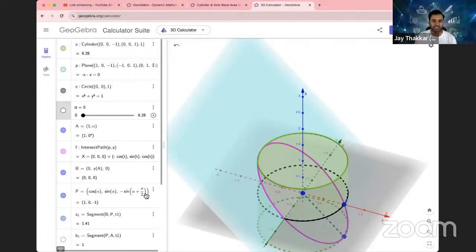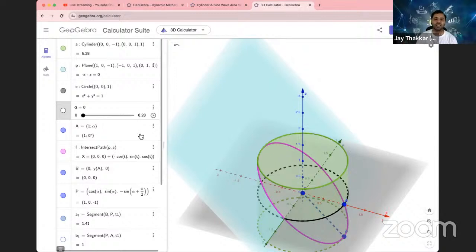Cos and sine are just phase different. Because it's starting from -1 at alpha equals 0, we have put this value as negative. So the coordinates of P are cos alpha, sine alpha. These are its x and y parameters, and the height is changing with respect to the sine function.